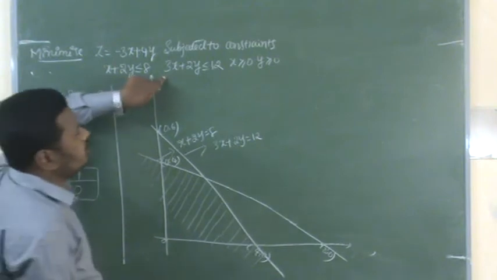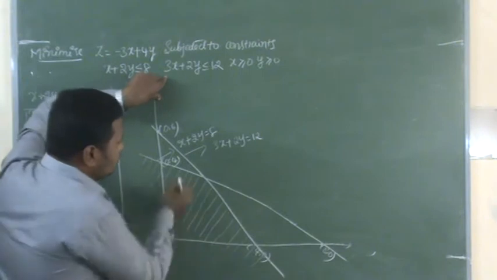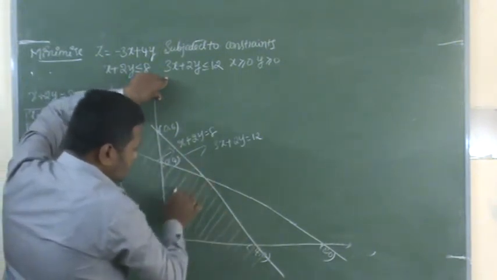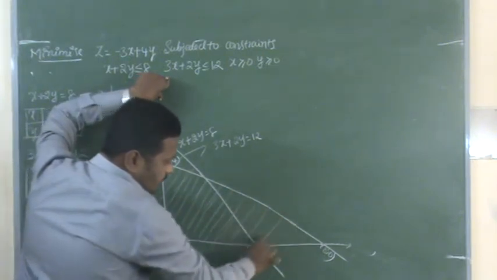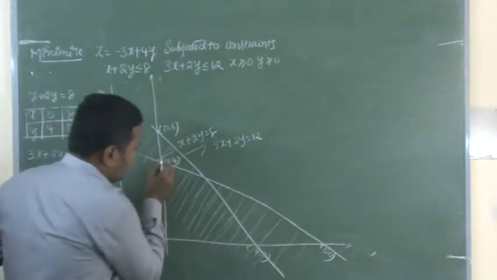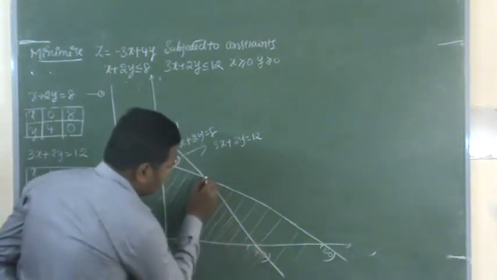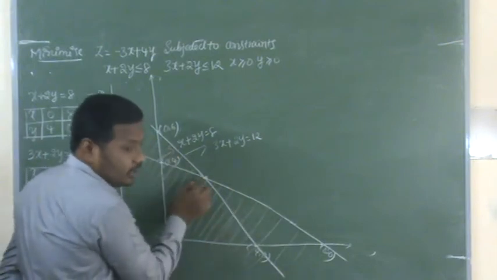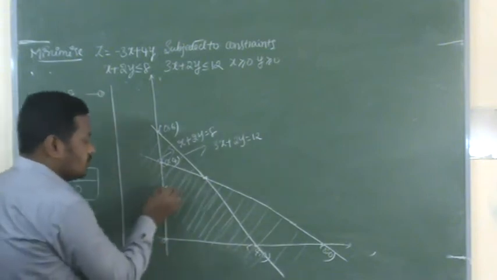For the second equation, we put 0 and 0 here, which is also true. Therefore, the second equation also is towards the origin. So what is the common region here? The common region is the feasible region.